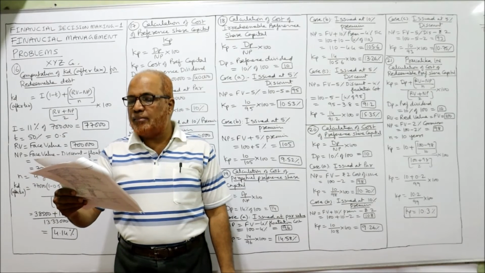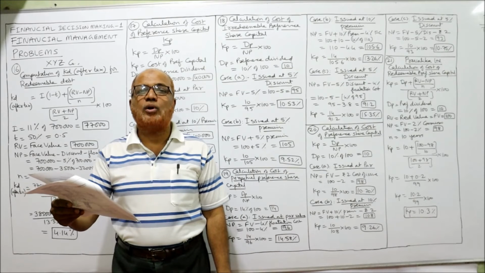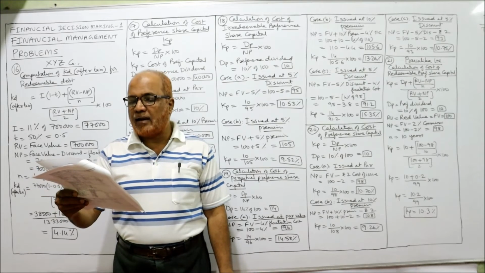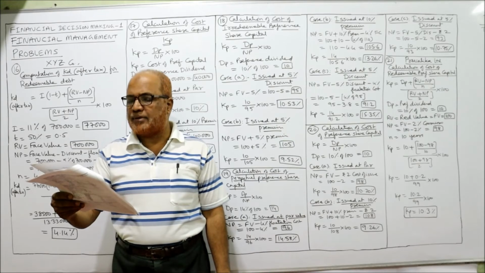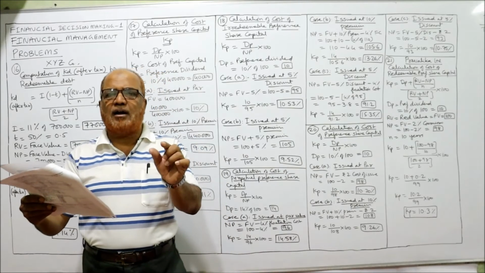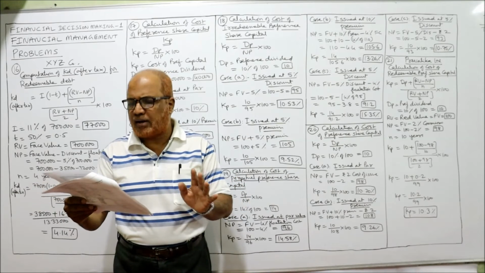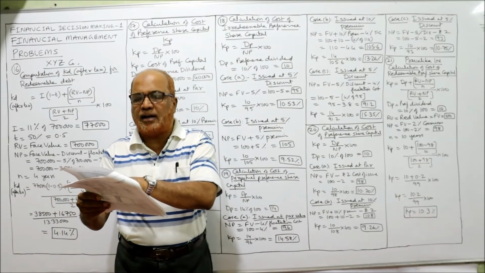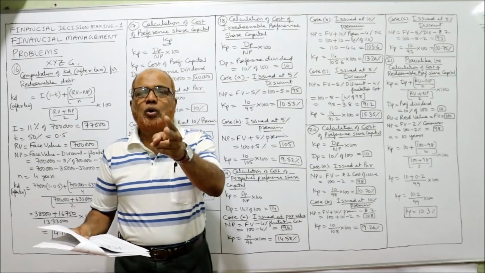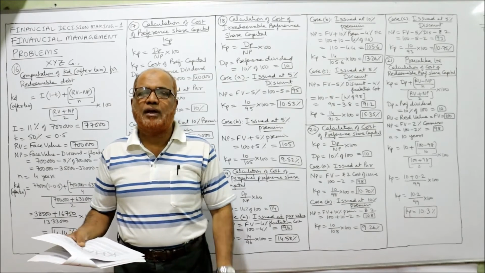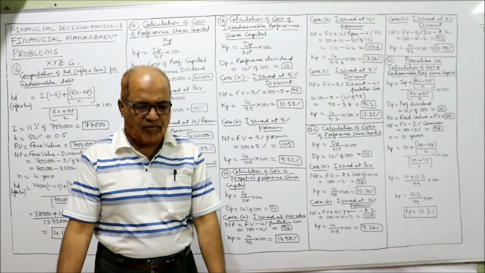Then the underwriter commission is 2%. These are the flotation cost. Then calculate cost of preference share capital. The face value is given, 100. How many preference shares? Not given, and we don't require it. Underwriting commission is 2%, so 2% of 100 rupees is 2 rupees. 2 rupees is the flotation cost.